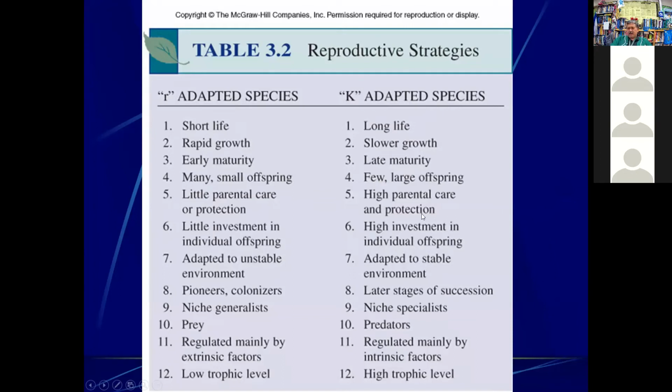High investment in individual offspring. You have bear cubs that hang around for a year. You have human offspring that hang around till they're 18 years old or even longer, 25, 30, or because of the pandemic, people live with their parents for longer amounts of time.